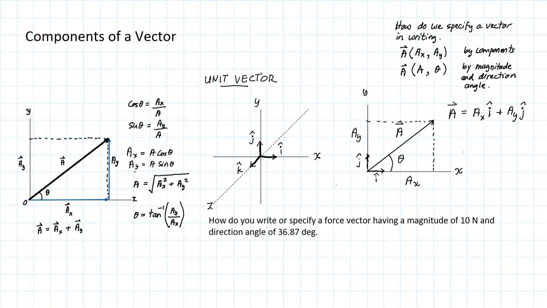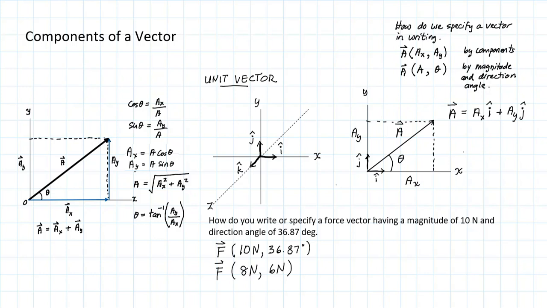Okay, finally, how do you write or specify a force vector having a magnitude of 10 Newton and direction angle of 36.87 degrees? In terms of magnitude and direction angle, this vector can be written as 10 Newton, 36.87 degrees. And the vector in terms of its components is written as 8 Newton, 6 Newton.